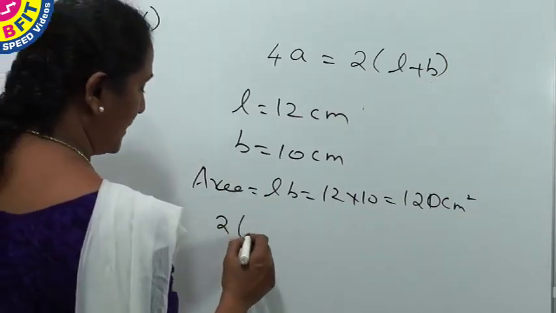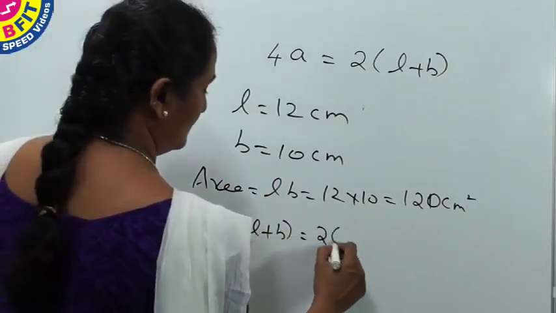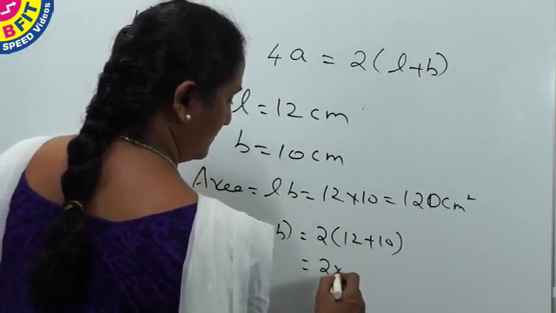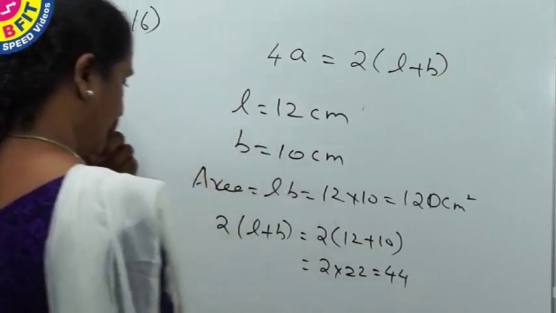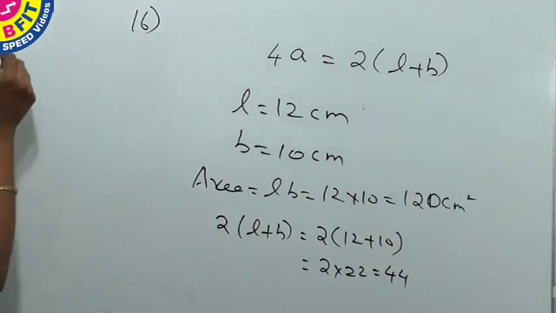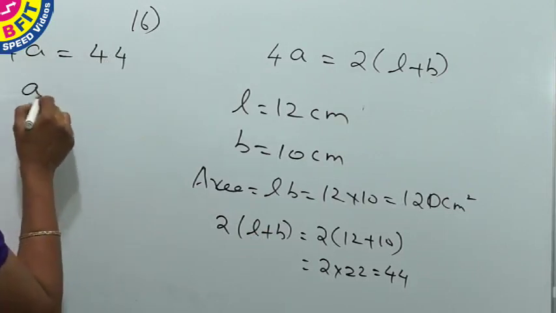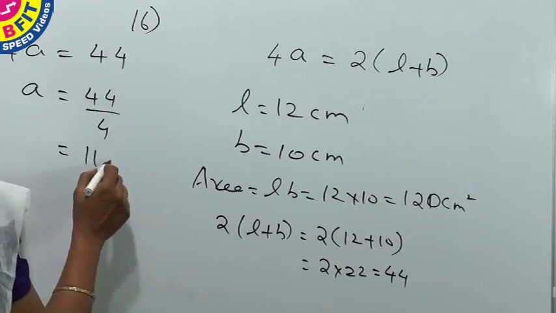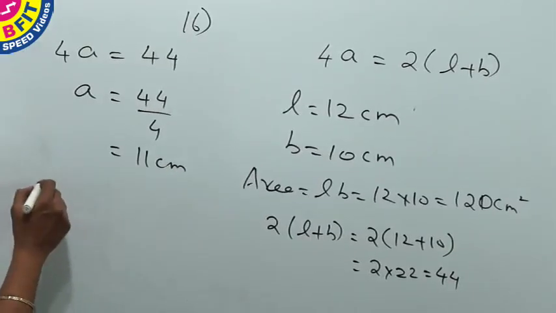So perimeter of the rectangle is 2(12 + 10) = 44. Here perimeter of the rectangle is equal to perimeter of the square. So 4a is equal to 44 and a is equal to 11. So area of the square is 121.